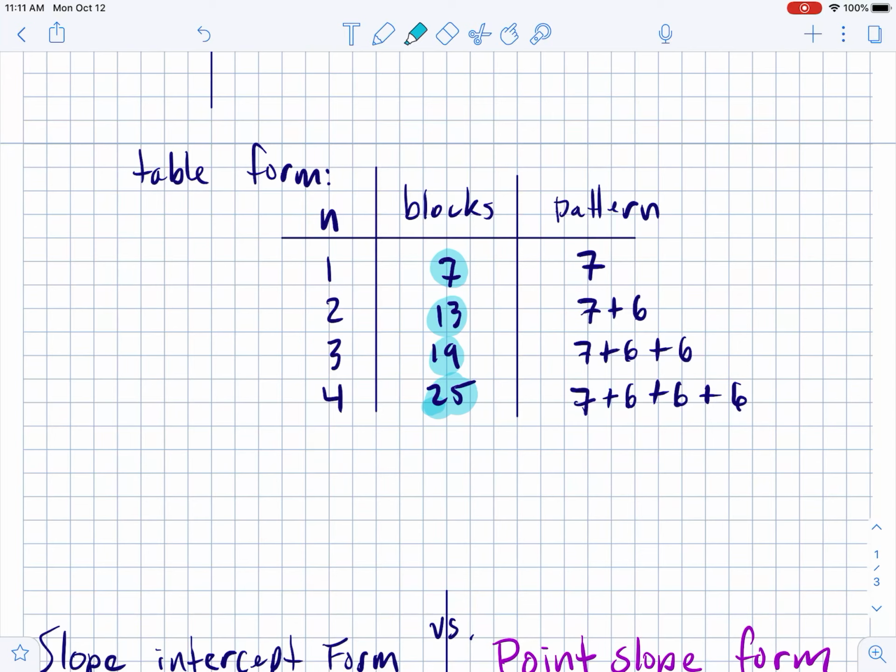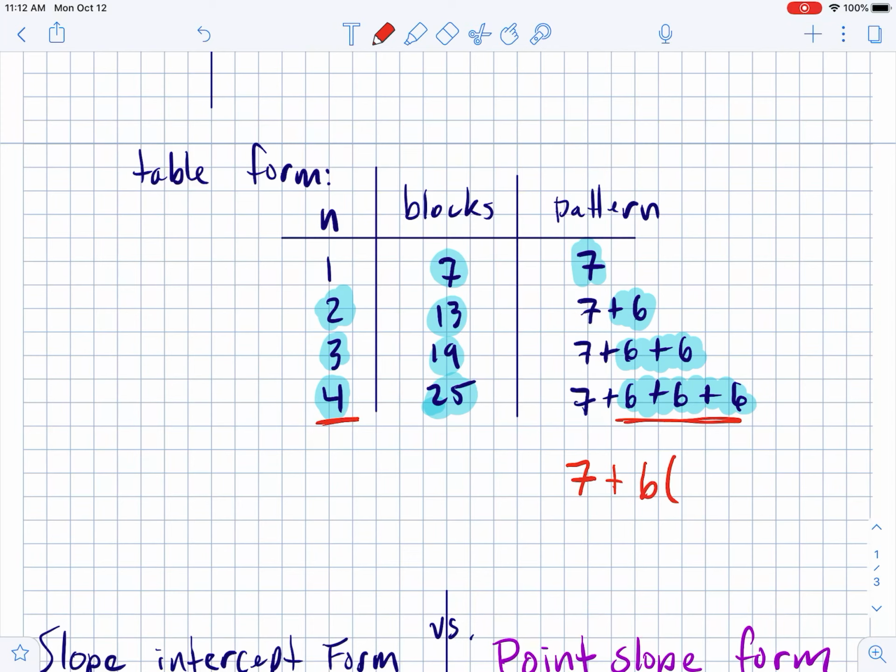It starts with 7, then gets a plus 6 on the second term, 2 plus 6s on the third term, and 3 plus 6s on the fourth term. The amount of plus 6s is always 1 behind the figure number. So we could write the equation as the original 7, that's figure 1, plus 6, the common difference, how much is being added each time.